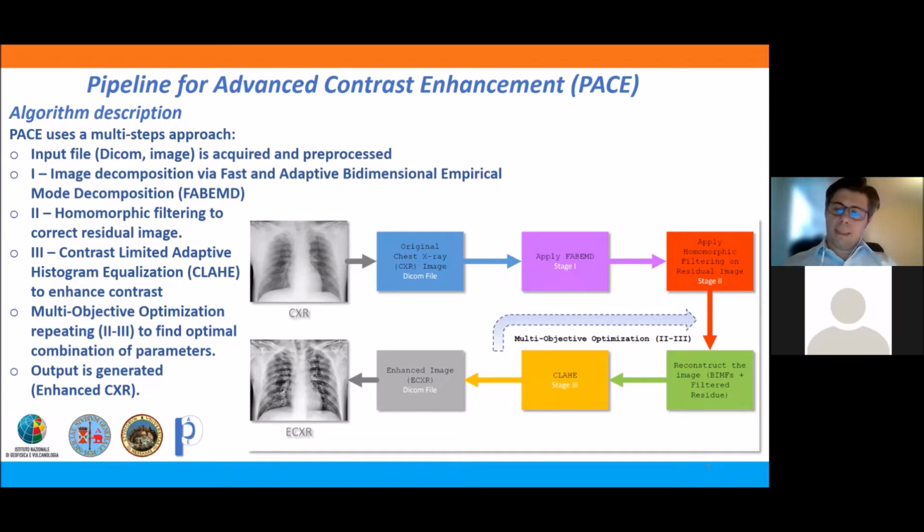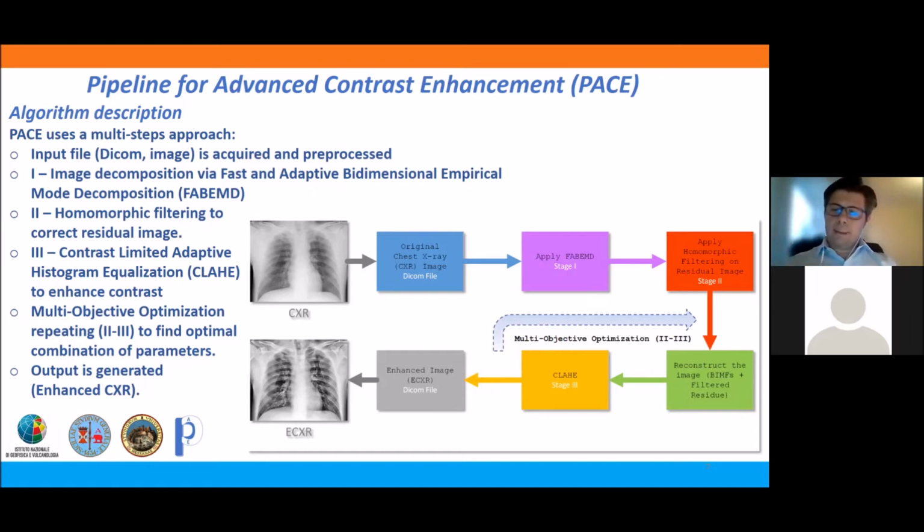So what happens next is that we reconstruct the image by combining the individual components plus the filtered residual image, and we use this intermediate result to perform a contrast enhancement using CLI. CLI is another methodology we will describe, which is meant to perform contrast enhancement.